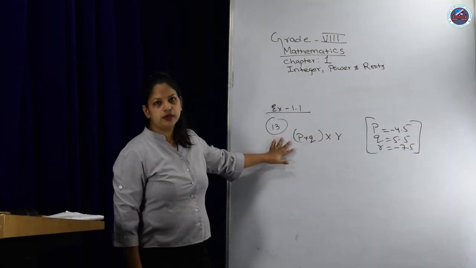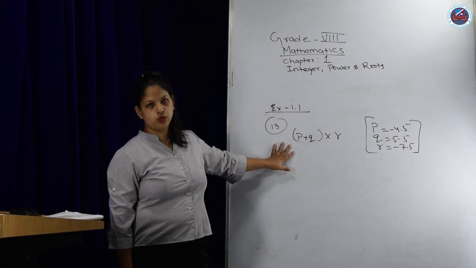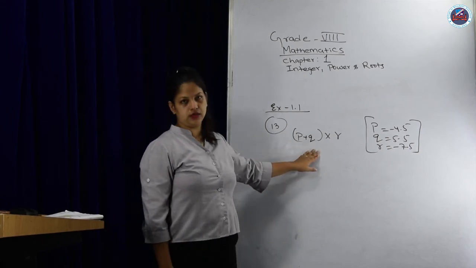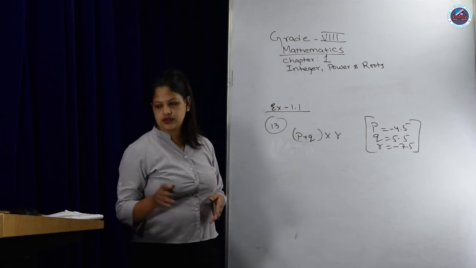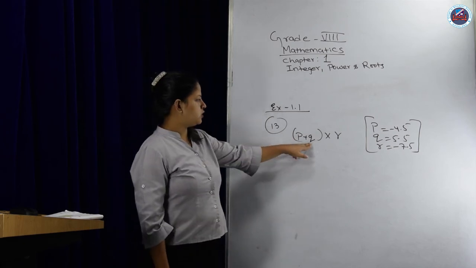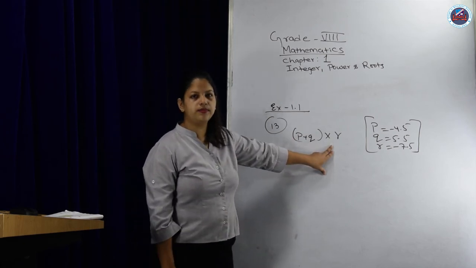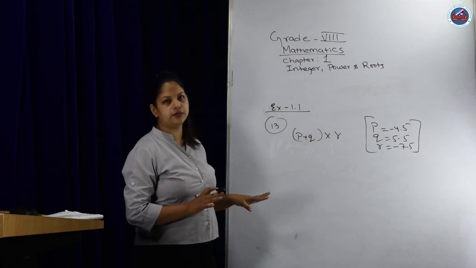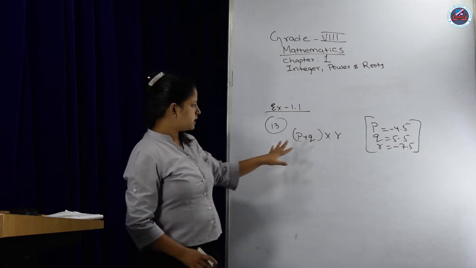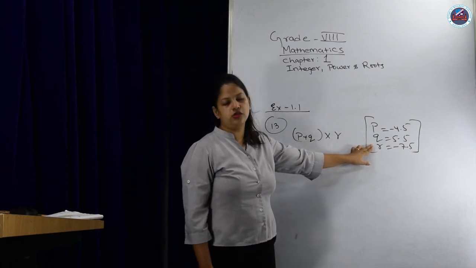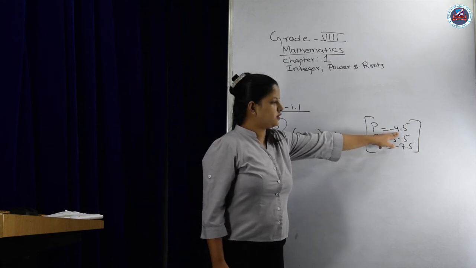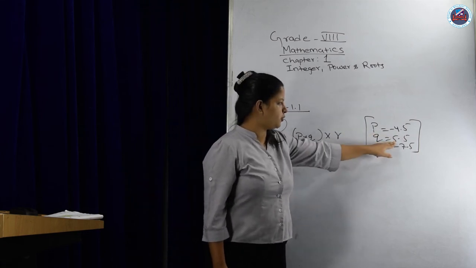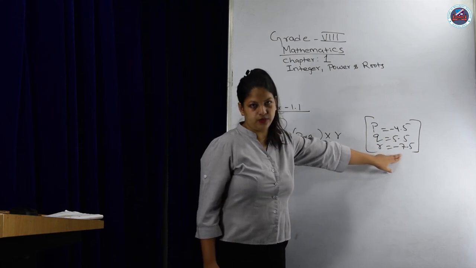Similarly, if you check question number 13 of exercise 1.1, there are no numbers included but P, Q, R, A, B, C. Like this also, questions are given out there. So P, Q, R, whatever is given does not matter. You follow the rule of multiplication and addition. But in this question, on the side, values of P, Q, R are given if you check in the book. P is negative 4.5, Q is 5.5, R is minus 7.5.